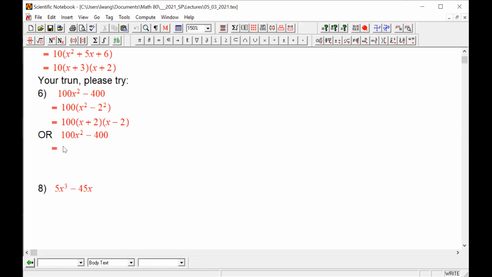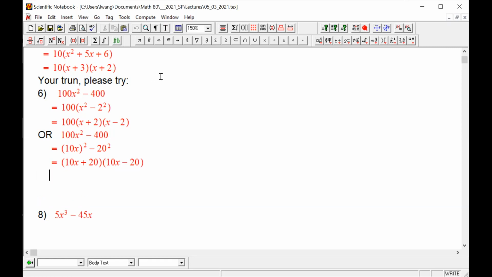So here you're going to have 10 times x squared minus 20 squared, so you end up with capital A squared minus capital B squared. A is 10x, B is 20. So you will have two factors: 10x plus 20 multiplied by 10x minus 20.